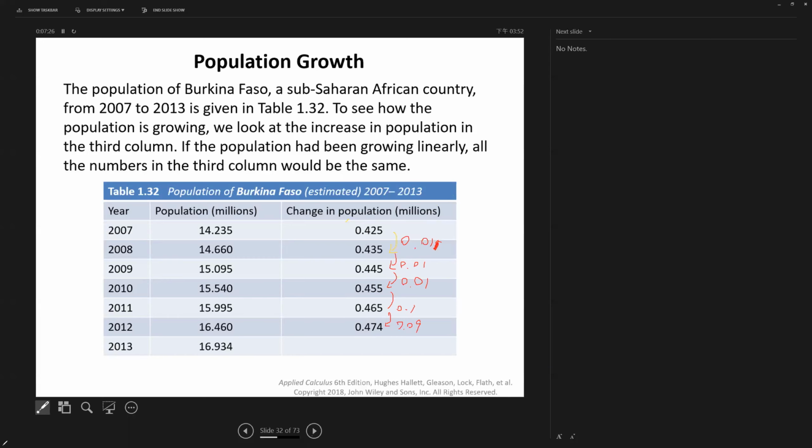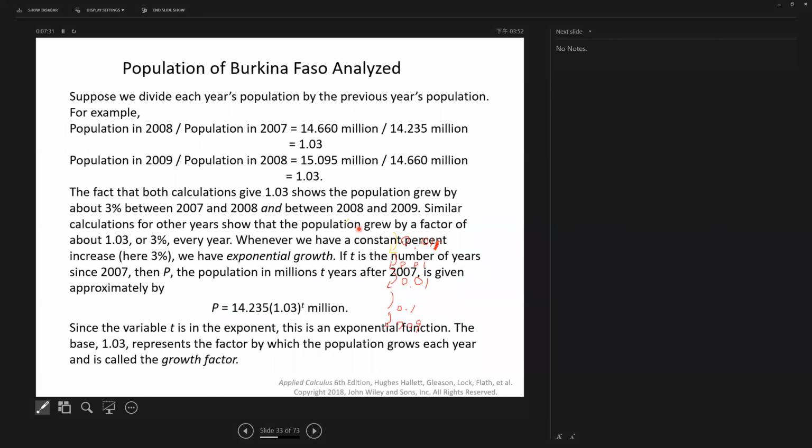Let's look at the next page. The population in 2008 divided by the population in 2007: 14.660 divided by 14.235 gives us a ratio of 1.03. If we take 2009 compared to 2008 and divide, we also get 1.03.